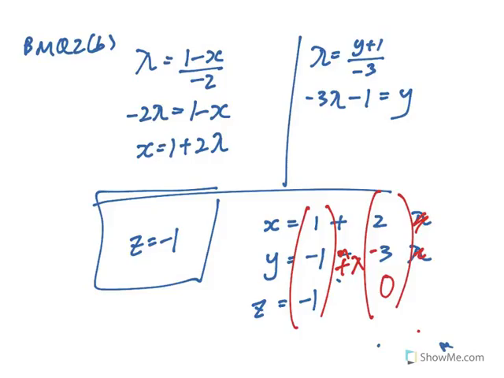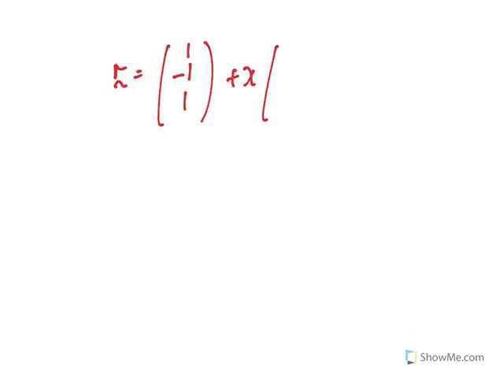Let me rewrite this. So (x, y, z), which is r, is equal to (1, -1, -1) plus lambda (2, -3, 0), where lambda will just be any real number.